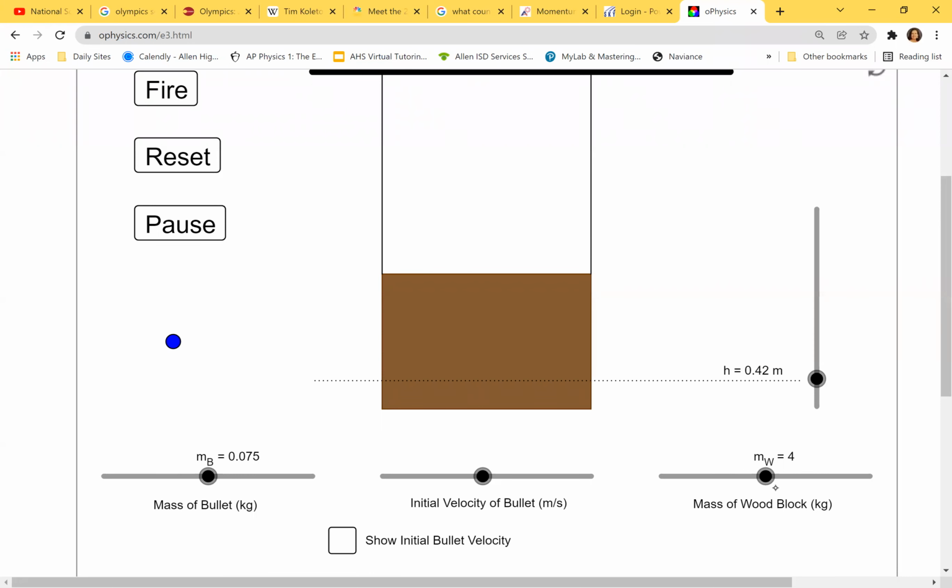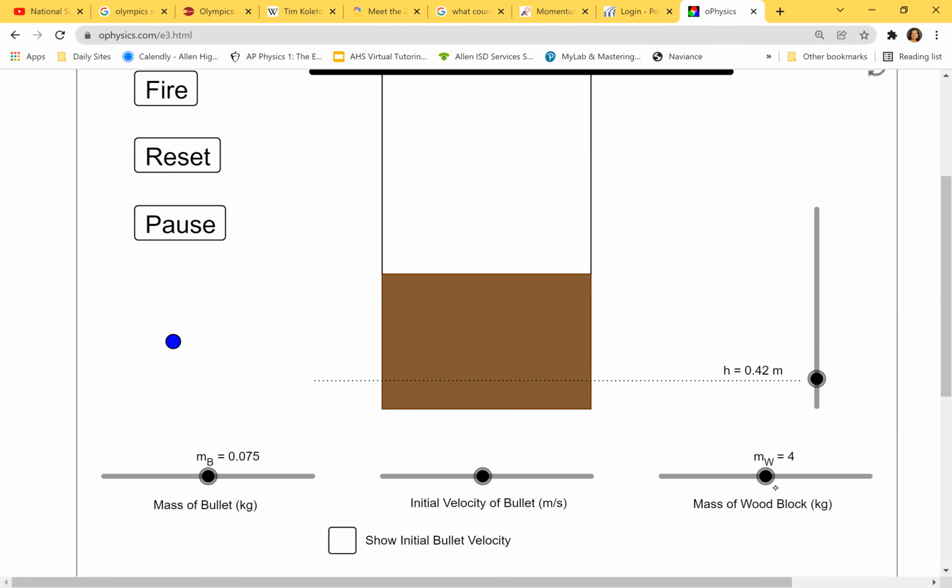The mass of the bullet is 0.075 kilograms. We're solving for the initial velocity of the bullet. The mass of the wooden block, wood will be my subscript, W, is 4 kilograms.